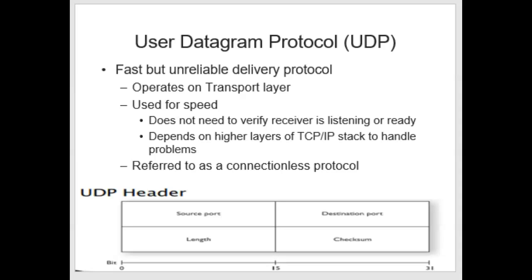Well, then we also have UDP in this layer 4. UDP is fast, but it's unreliable. We don't know that it got there. We're not tracking it. It's very useful. It reduces latency on computers, and so it speeds up the traffic.